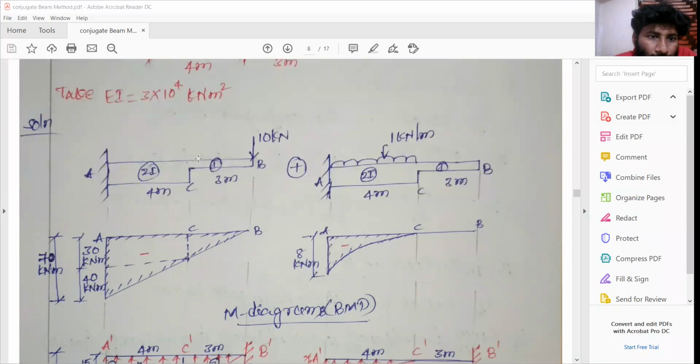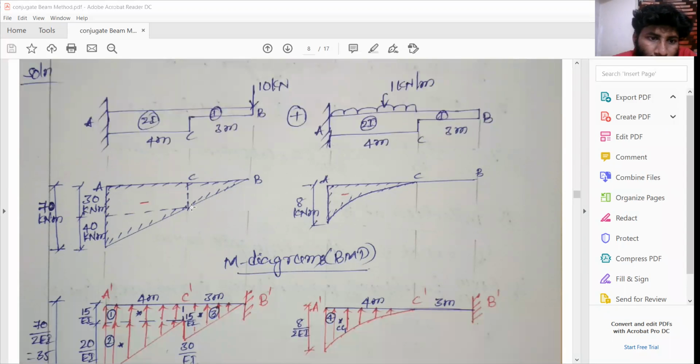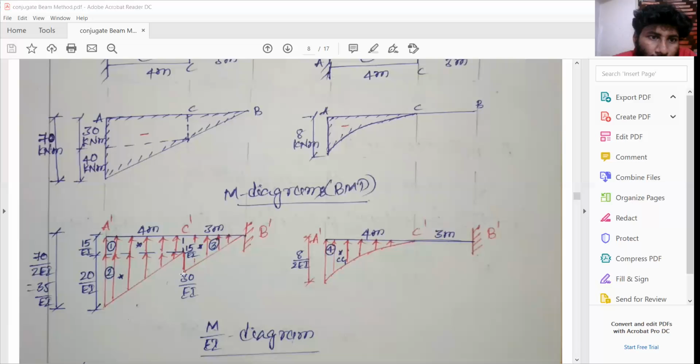Then again, when it comes to the change of cross section, here 2I is there, and I is there. Whatever the value is here, 30 kN, that should be divided by both 2EI and EI. Just right of the section is EI, so 30 divided by 1 EI is 30 divided by EI.